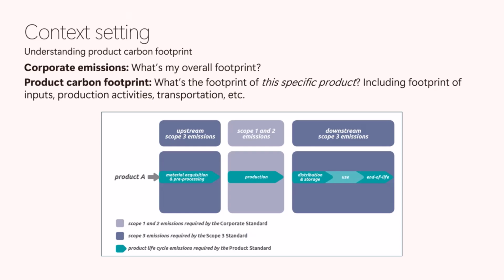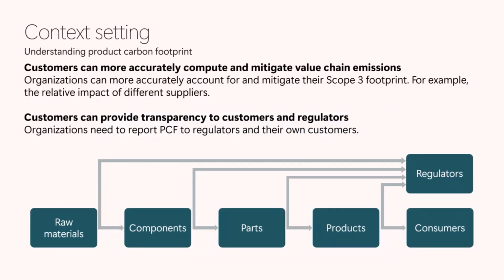And then we've been seeing increasing traction around PCF from our customers, and I think there are two main key incentives for our customers. Number one, PCF helps our customers understand their scope 3 impact in more detail and with more precision.